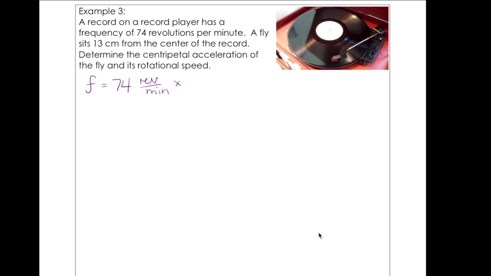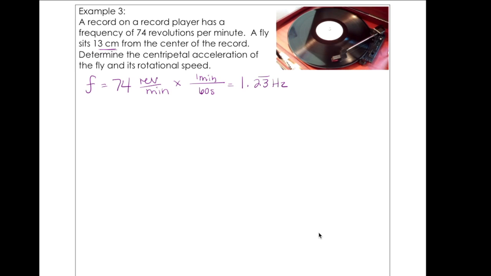For 1 minute there is 60 seconds, and so we'll get that it is equal to 1.23 repeating hertz.